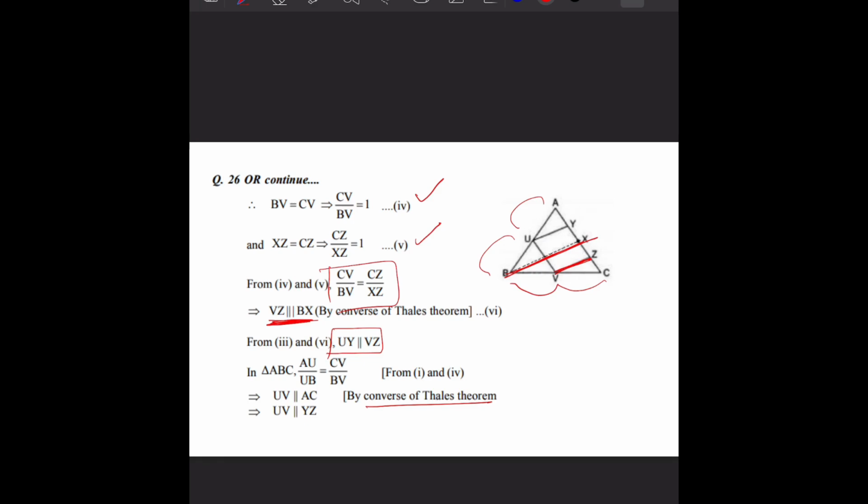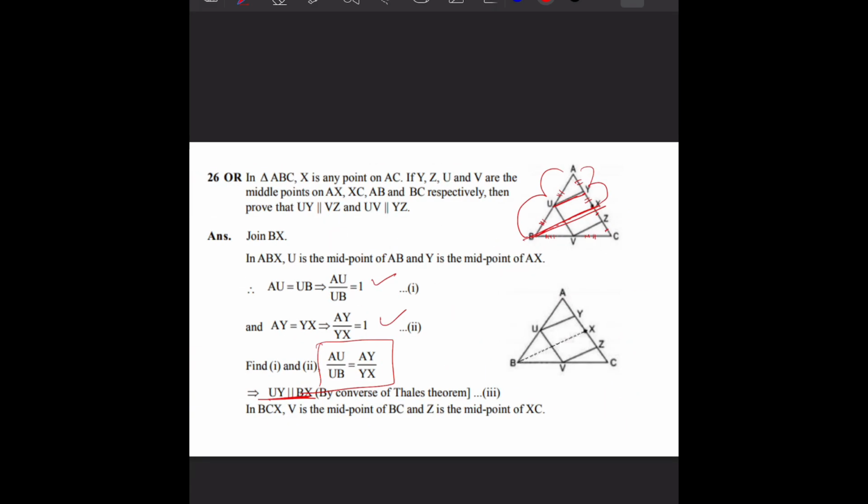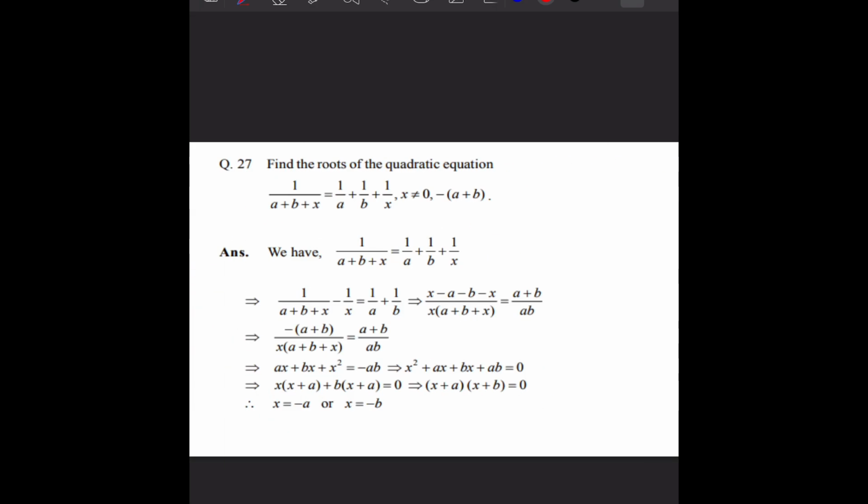Therefore, by converse, UV parallel to YZ, UV will be parallel to AC, and AC means YZ. What do we need to prove? We need to prove that only. This has already been done. Let's move on to the next.